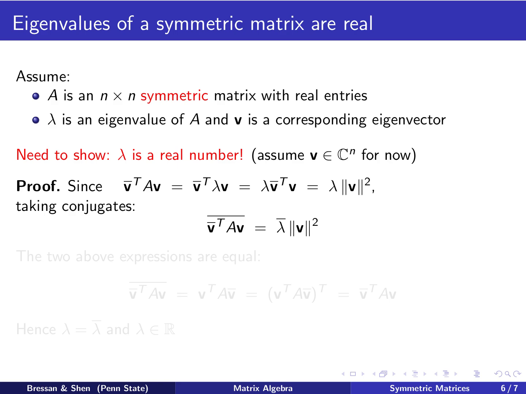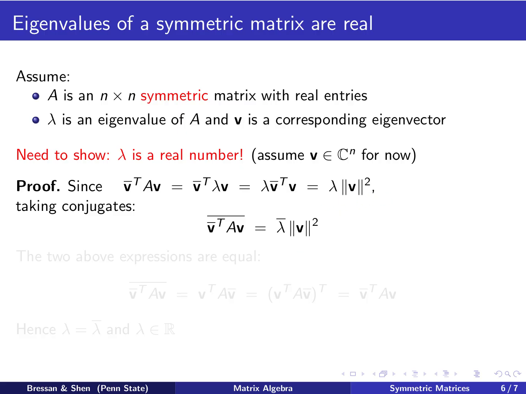Taking this identity we have just derived, this here equals that, and among all these expressions, we know that this norm squared is a real number. So we're going to take the conjugate on both sides, and we will keep the equality. So the conjugate of the left hand side here would equal the conjugate of that.